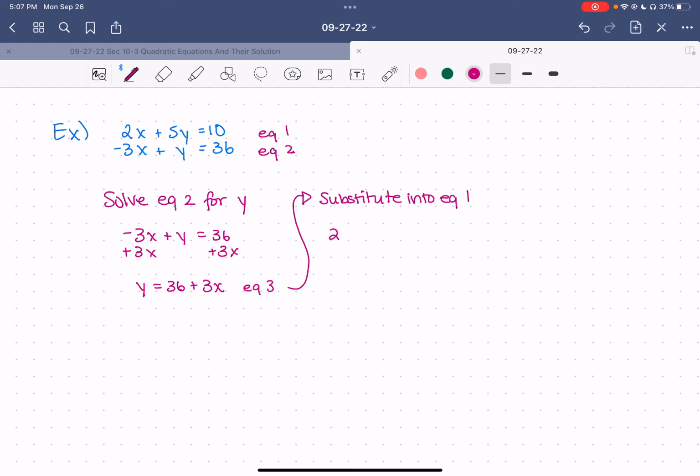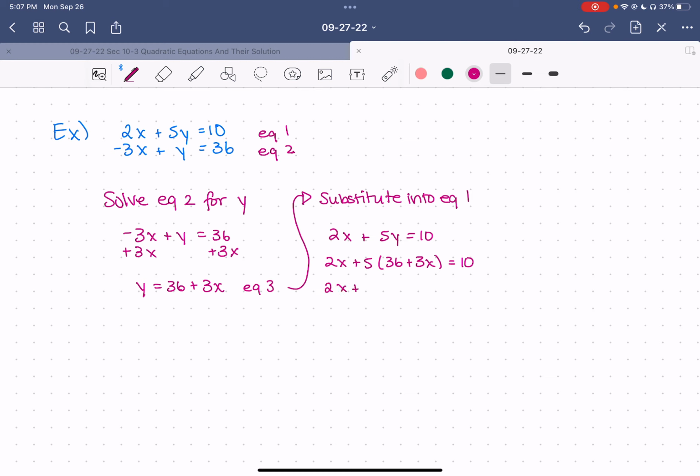So the first equation, equation 1, is 2x plus 5y equals 10. But now we know y is 36 plus 3x. So I'm going to replace y with 36 plus 3x. Where there was a y, I now put this. And now I have an equation that I can solve.